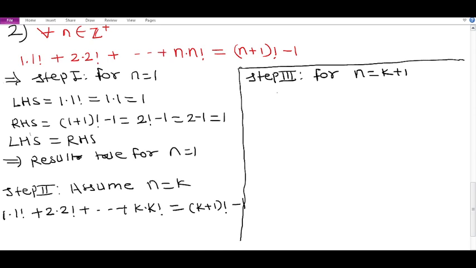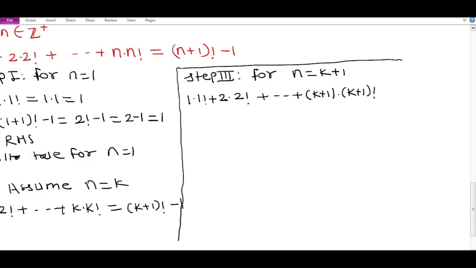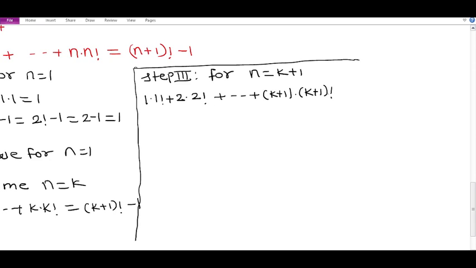That is, we want to show that 1 into 1 factorial plus 2 into 2 factorial plus ... put n equal to k plus 1, so (k plus 1) into (k plus 1) factorial is equal to (k plus 2) factorial minus 1. Now to show this, again consider LHS, and from LHS show that LHS is equal to RHS.